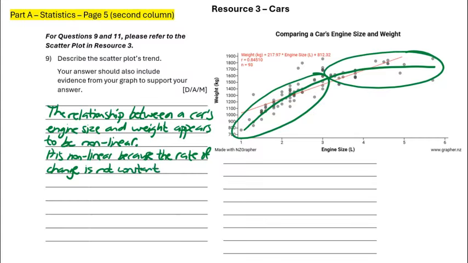and then I'm going to use some evidence. So from here, this sentence here, I haven't actually used any evidence from the graph. I've just stated words. So evidence from the graph means some actual numbers. And I'm going to use that point there, this 3 number here as part of my evidence. So anything before 3, going up pretty steep. Anything after 3, it's pretty level. So that's going to be the actual evidence I'm going to use.